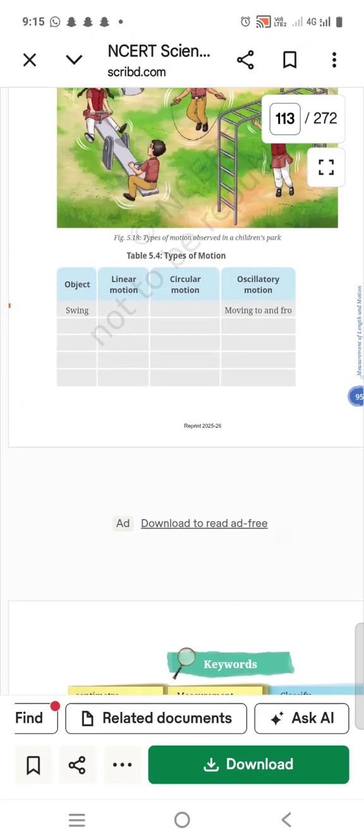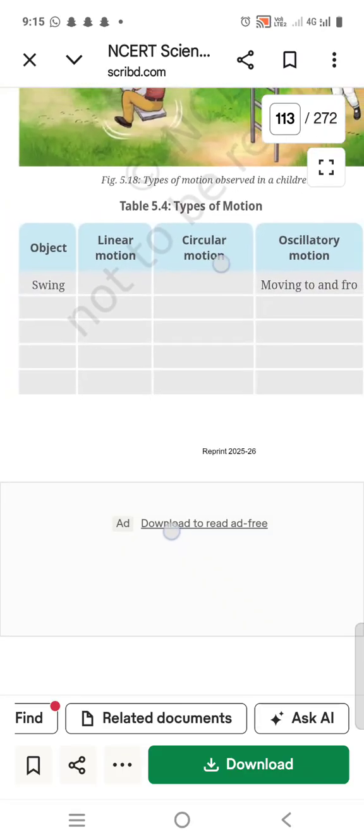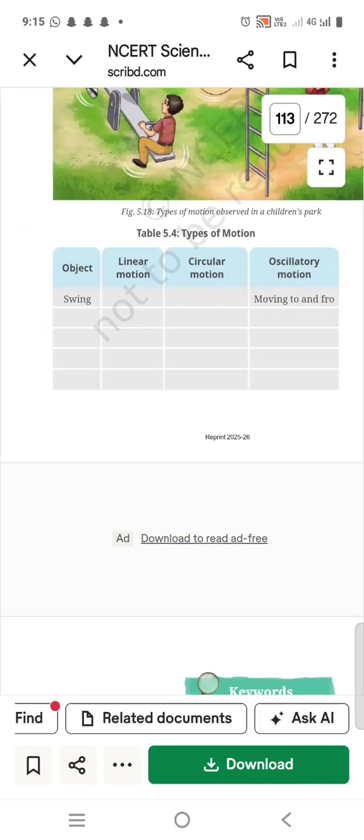Here is one box, this box you have to fill. Tell me first what we will fill.